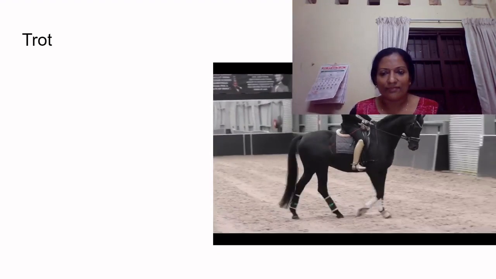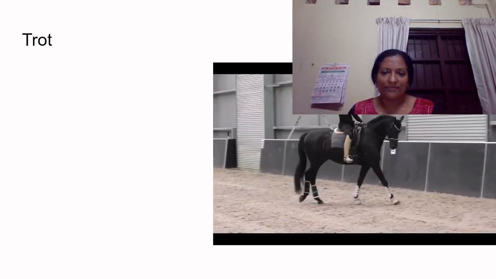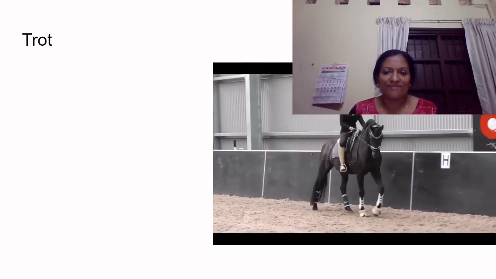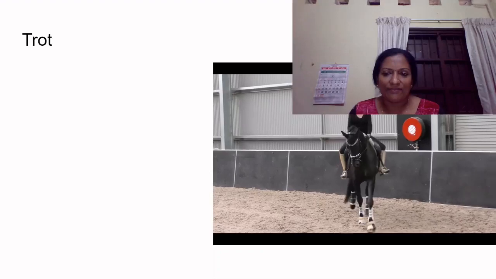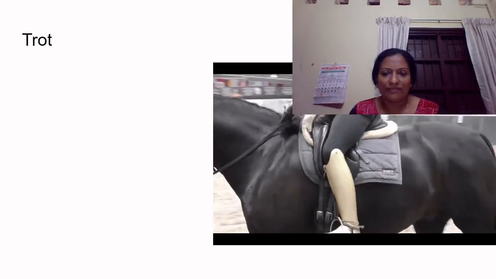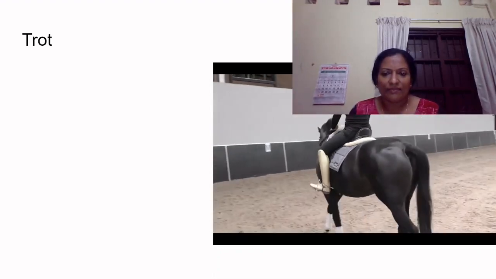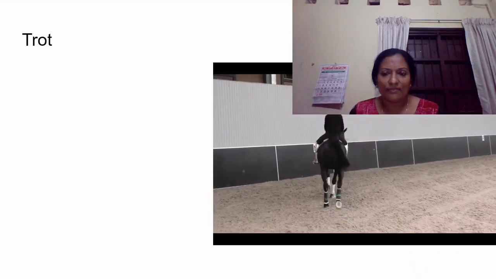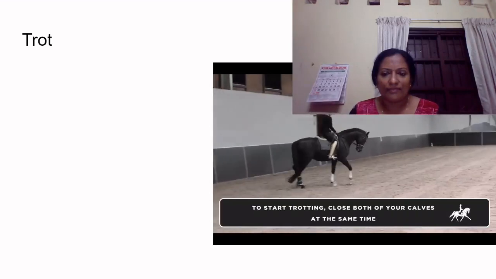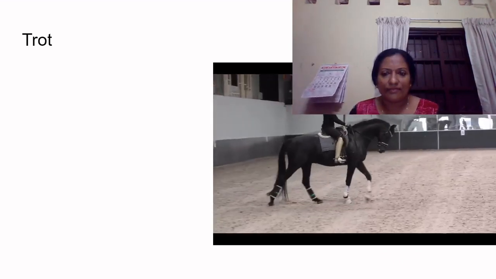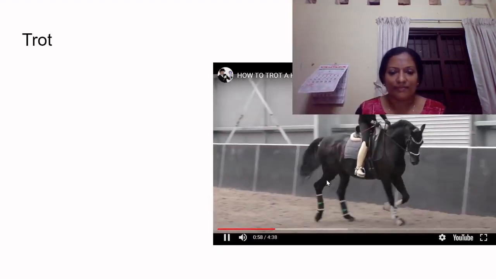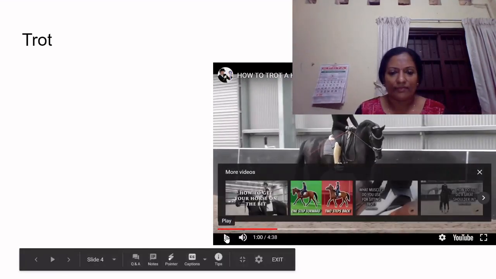Okay, so for beginners, for people that are just learning to ride, for people that are just like, I'm not really into dressage, I just want to get my horse to trot, you just want to close your calves. So your calf is this whole flat area here, and you just want to close your calf, both calves at the same time. So 3, 2, 1, close. And you can see it was a little bit delayed, but we got the trot. Good boy. So I'll do that again. 3, 2, 1, close calf, and off we go. So that's great on a rip.